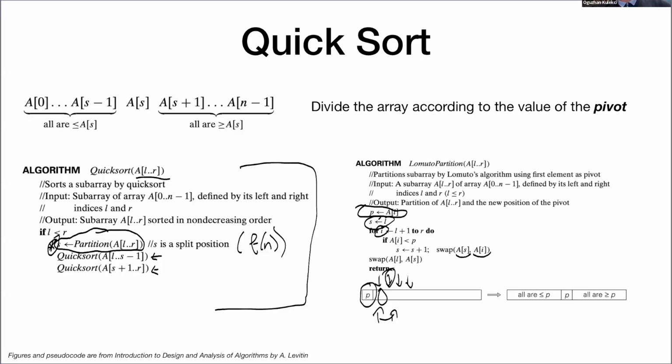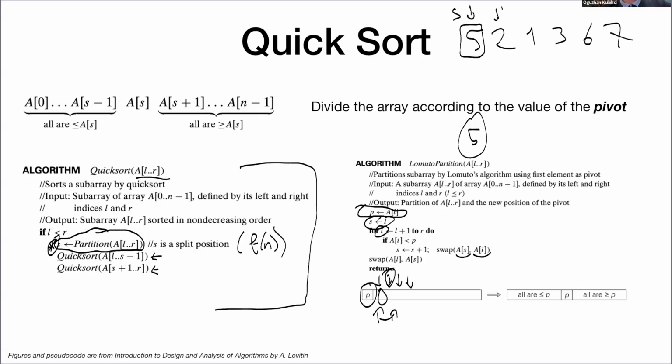As an example, let's say 5, 2, 1, 3, 6, 7, something like that. My pivot element is equal to 5, right? I copy 5 to a temporary position, and then I set my S here. Now I start with I pointing here.